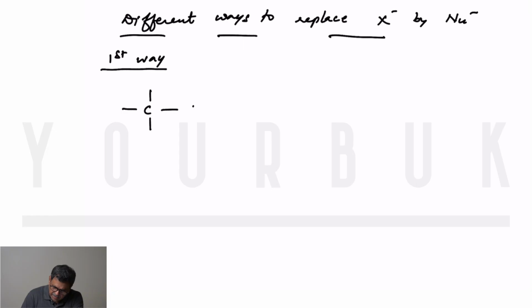First we break the carbon-halogen bond, requesting the X to leave first. This is called bond breaking, and it results in the formation of a carbocation.